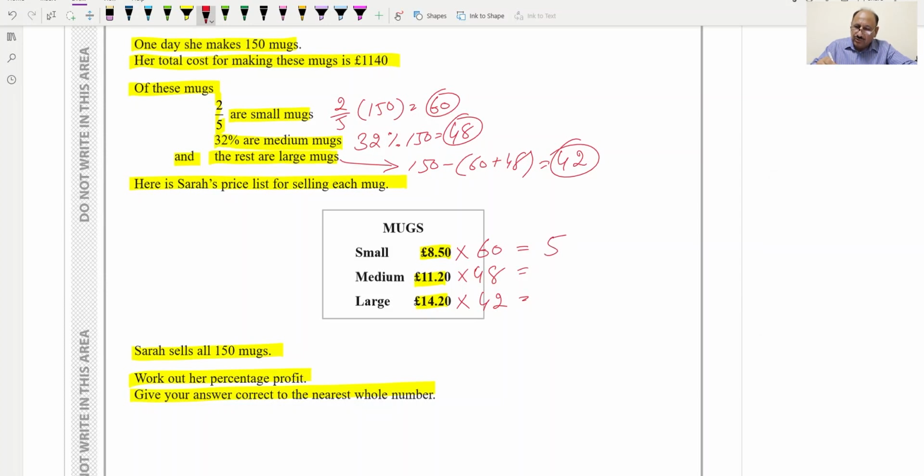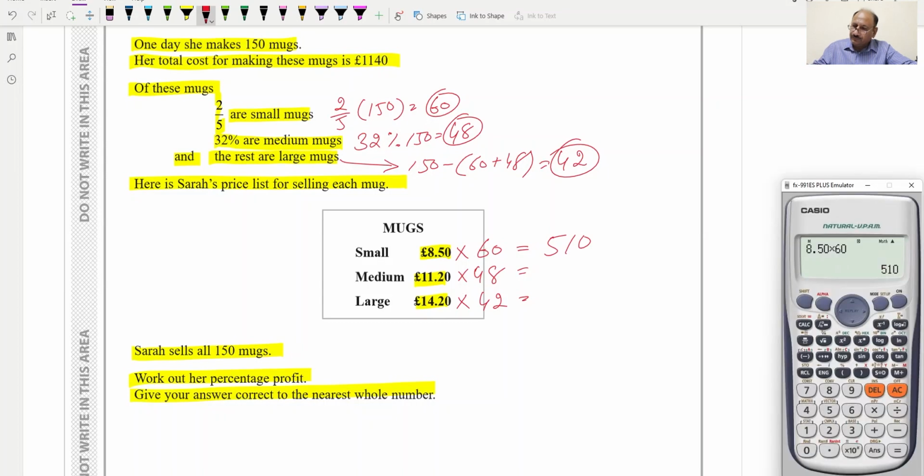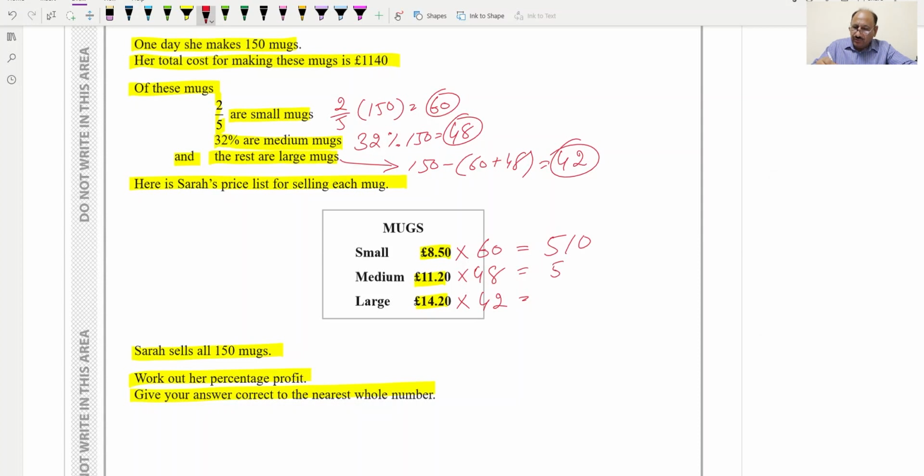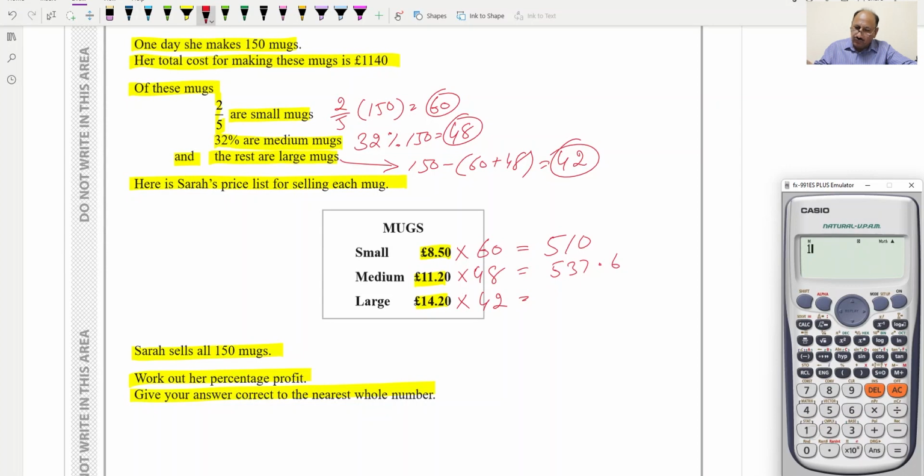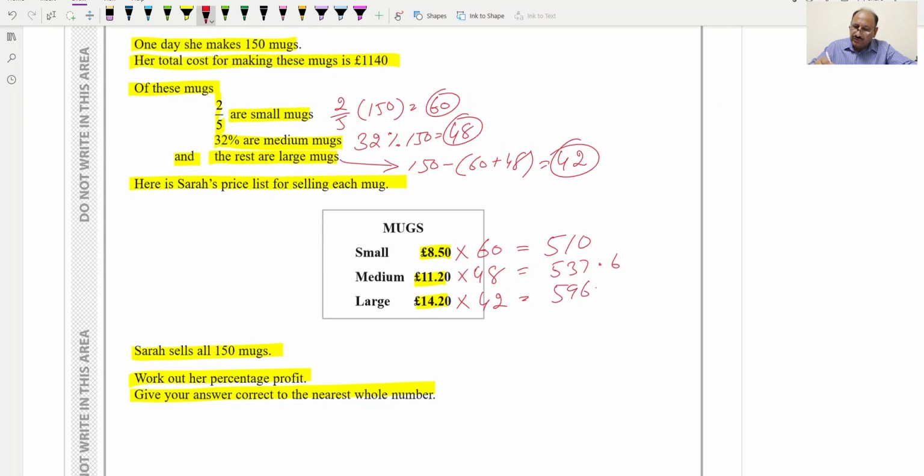510. So this is 510, and next is 11.20 multiplied by 48 is equal to 537.6, and the last one is 14.20 multiplied by 42 is equal to 596.4.